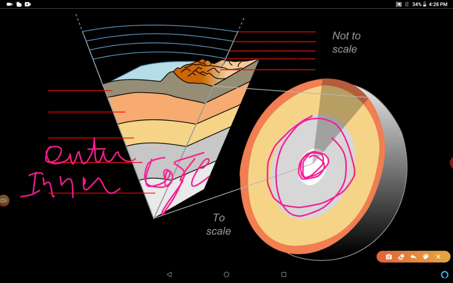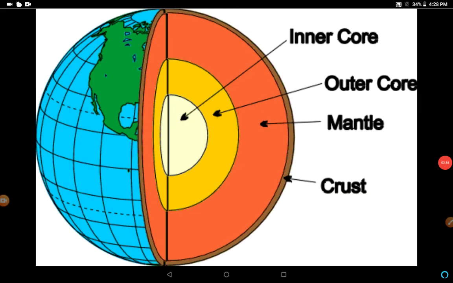This one is the mantle. You can draw this diagram in your notebook. And this one is the crust, uppermost. So finally, with this diagram you will be able to understand easily.